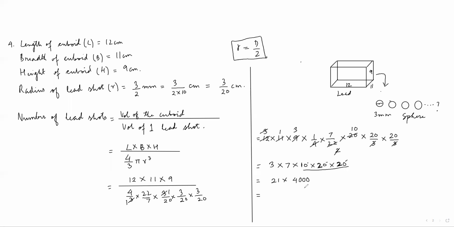Then multiply 4 into 4, 1 time 4 is 4, 2 zeros 8. You can get the answer.